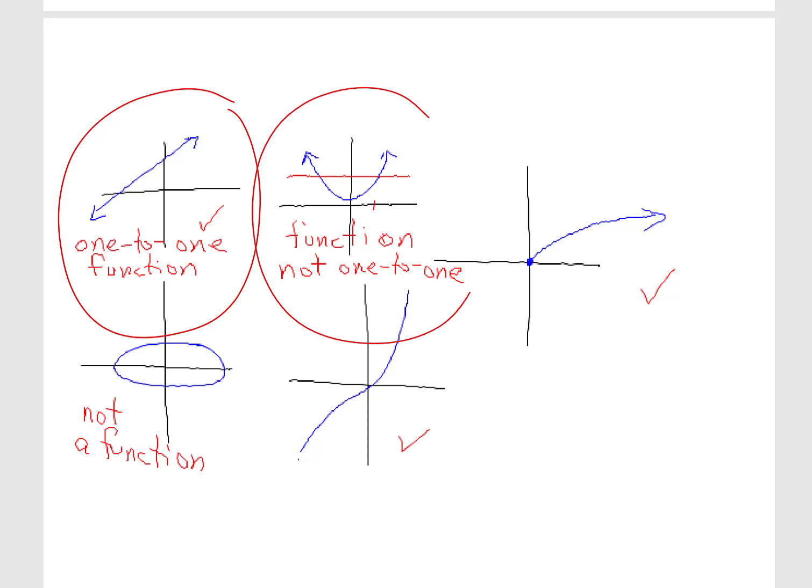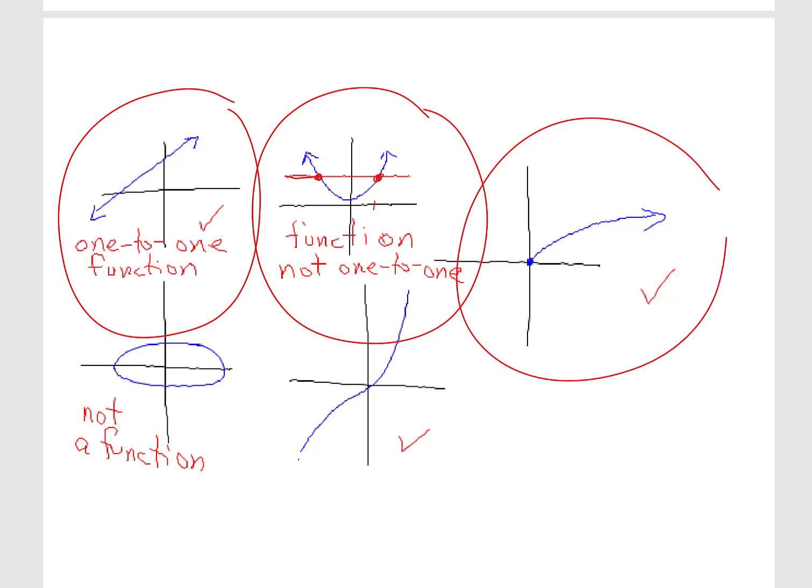Then looking at the second one, if I took a vertical line across it, it would pass the vertical line test, right? So it is a function. But if I did the horizontal line test, it would not pass that test because look, it touches 2 points at one time on that horizontal line. So it is a function, but it's not a one-to-one function.